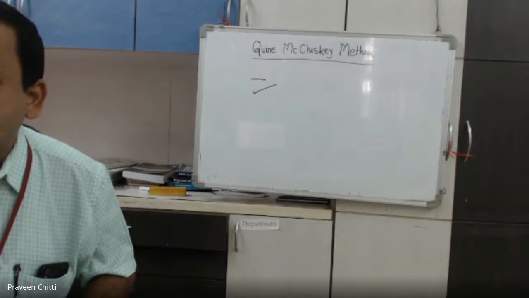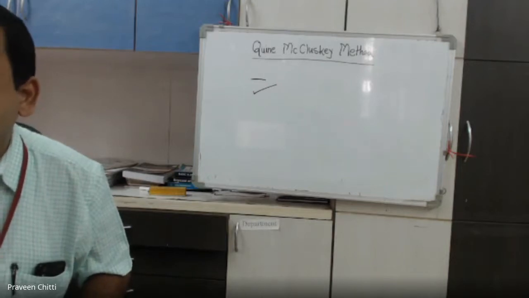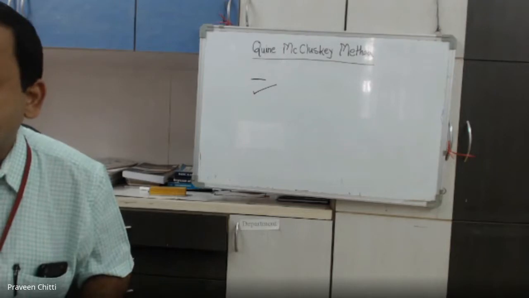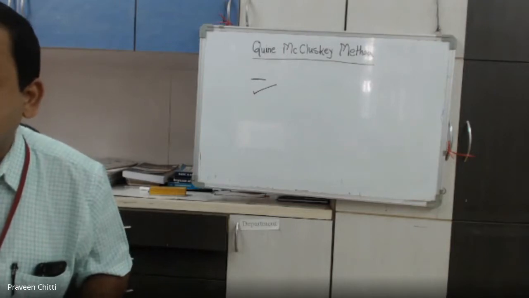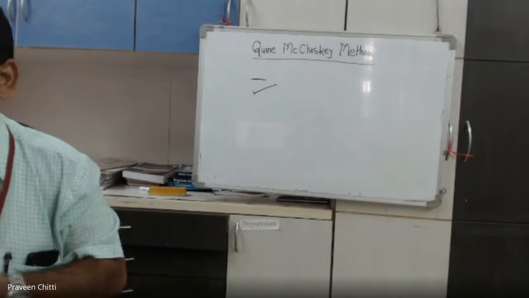These are the steps you have to follow for the first step. Because I said the Quine-McCluskey method is a two-step process, these first four points come in the first step.